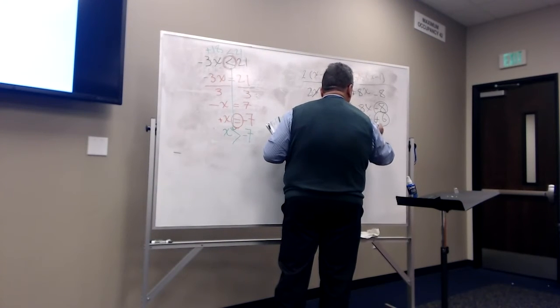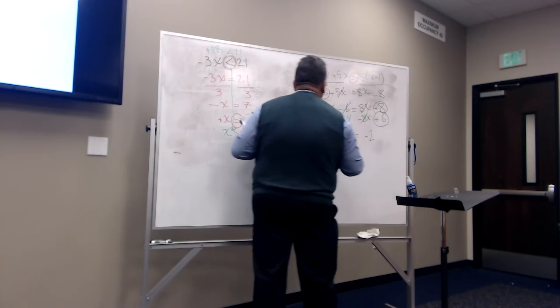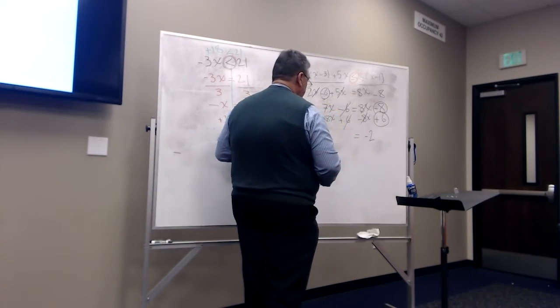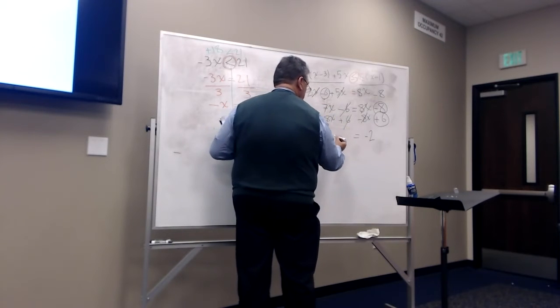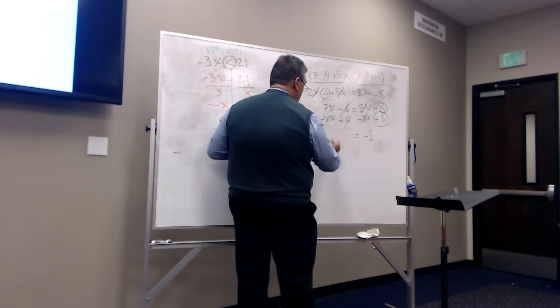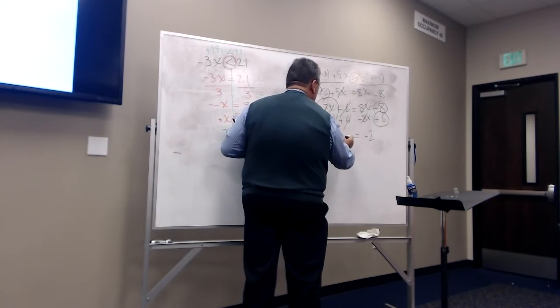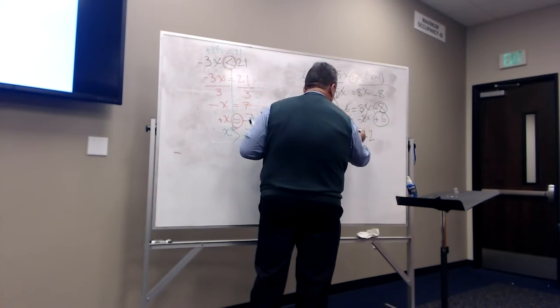We have 7x minus 8x, which is negative 1x.